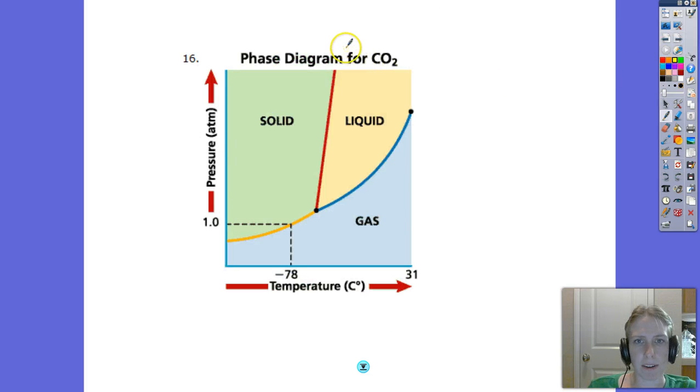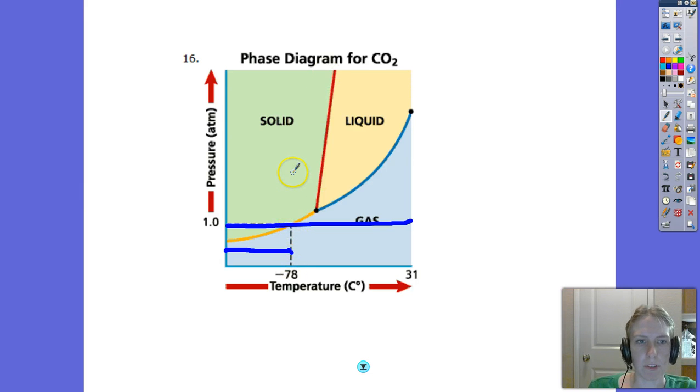Now here's a phase diagram for carbon dioxide. I'm not going to go through it in as much detail, but usually the graphs will have a line on them right here somewhere that will be denoted as 1 atm. That way you get kind of a feel for where the pressure is. So 1 atm, standard pressure. Now if we look, if we have negative 78 degrees and let's say half an atm, we would have a gas for carbon dioxide.